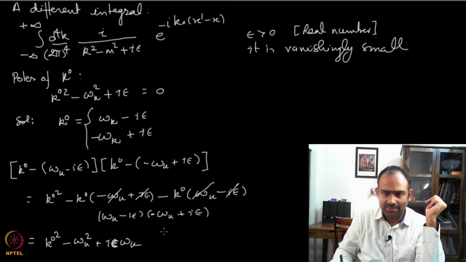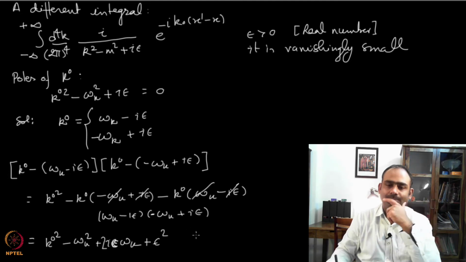And when this one multiplies, it also gives you i epsilon omega_k. So, you have 2 i epsilon omega_k, and then this one gives you i times i is minus 1, minus minus plus epsilon^2.